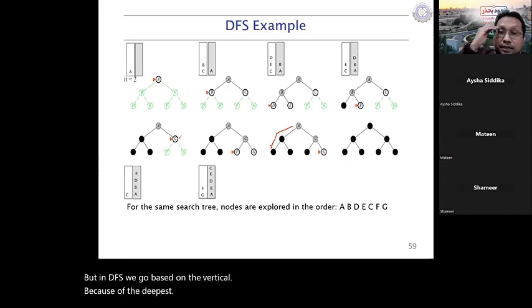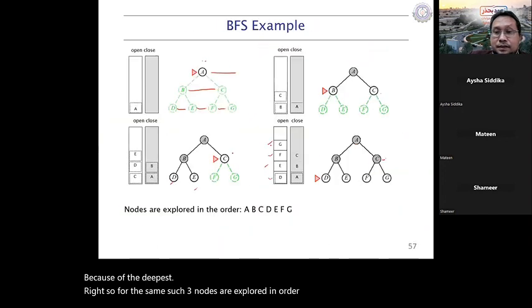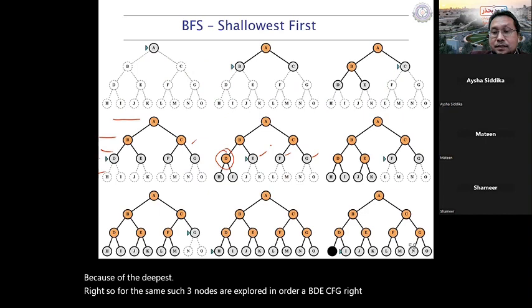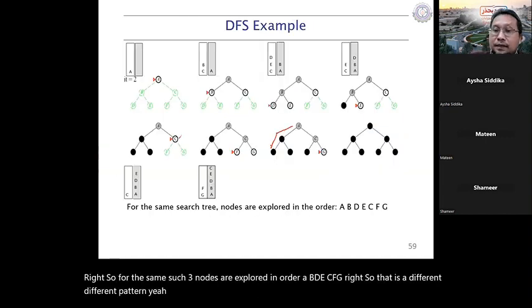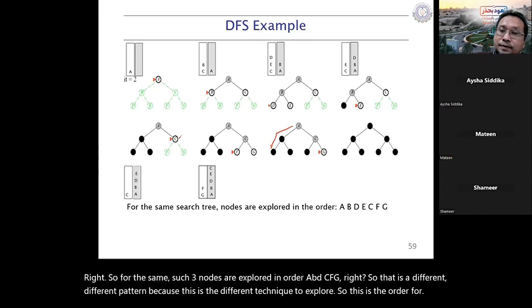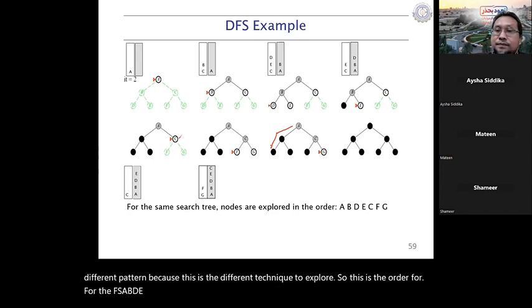So for the same search tree, nodes are explored in order A, B, D, E, C, F, G. That is a different pattern, because this is a different technique to explore.